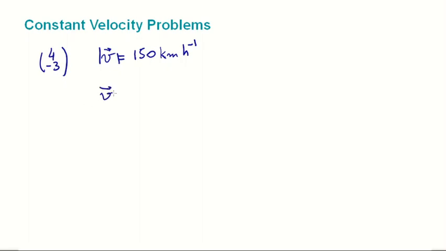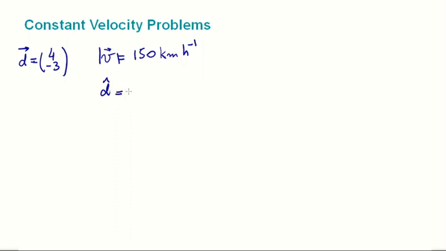So our velocity will basically be, first we have to find the unit vector for this one, right? So let's do this first. Let's call this our direction. So we need to find first the unit vector for our direction.